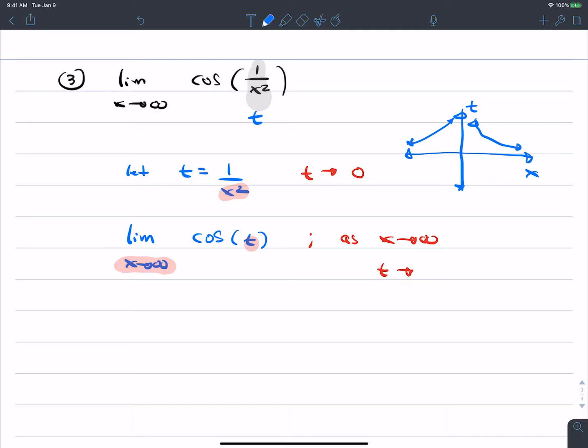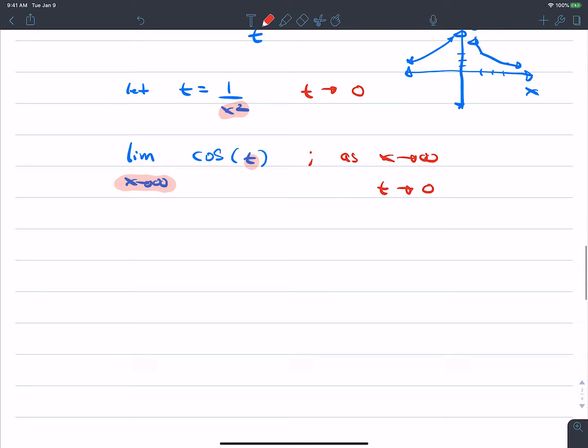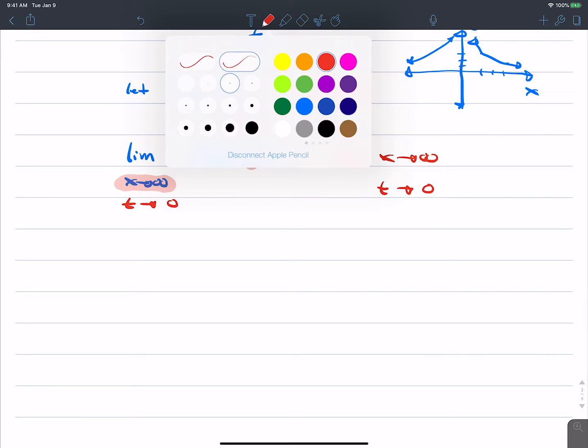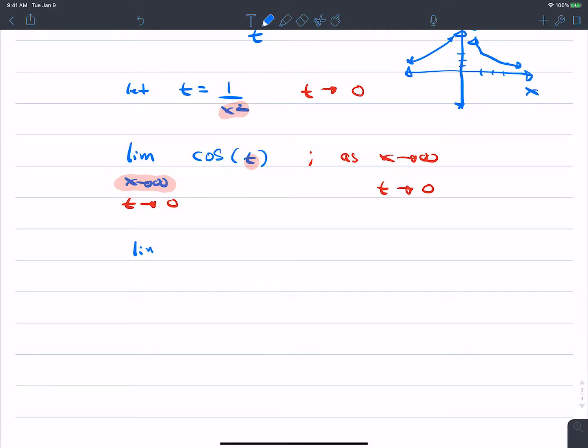As x gets big, all the points on the curve, the y coordinate values, are going to 0. So you're right, that's going to be a 0 here. So this means t goes to 0. Your question becomes, what's the limit as t goes to 0 of cosine of t?